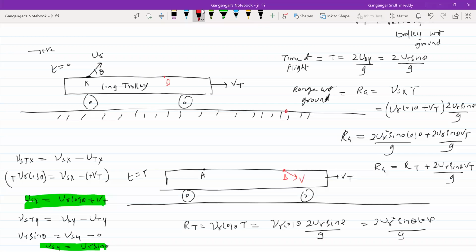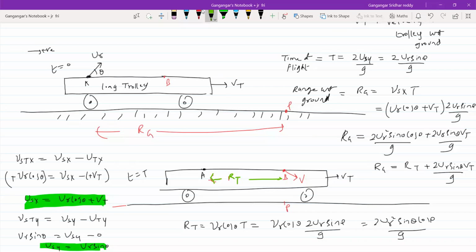Where should I indicate the range with respect to ground? Call this P. Now what is the range with respect to ground? This is the range with respect to ground. And this is the range with respect to the trolley. I am giving enough information in the diagrams.